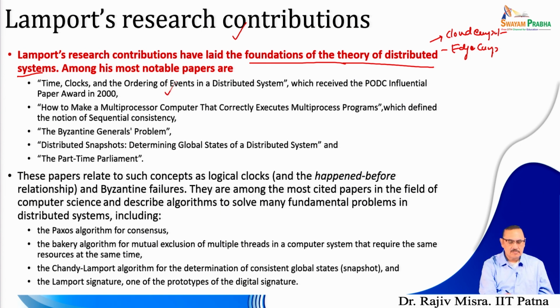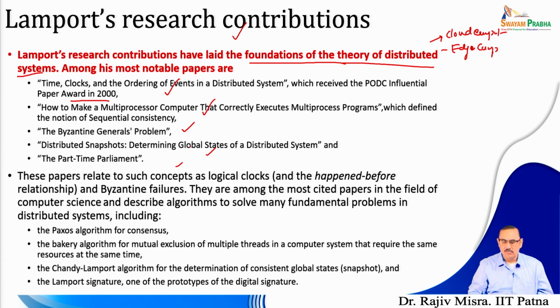His paper, which got him recognition of this award, is called Time, Clocks and the Ordering of Events in a Distributed System, and it got the best paper award. There are many other works which are very much required here: the part-time parliament, distributed snapshots, the Byzantine generals problem.